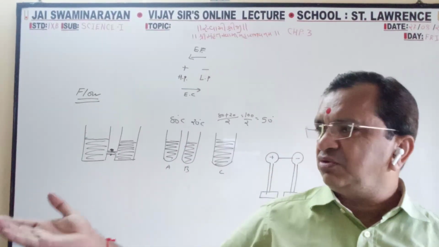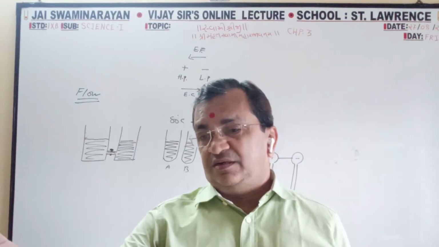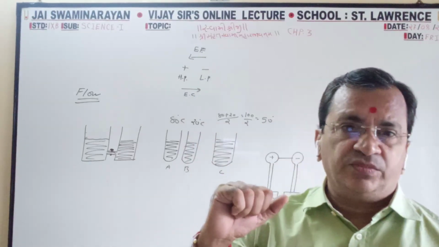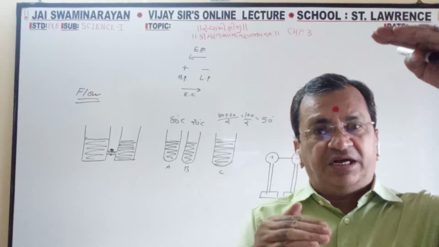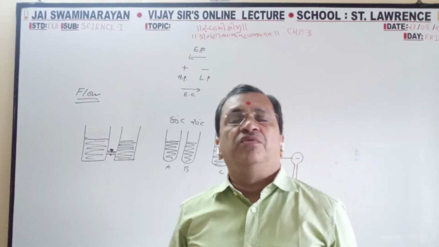For household appliances like a pressure cooker, washing machine, TV and grinder, more current is needed. At that time we have to maintain a high potential difference, so current will flow faster.